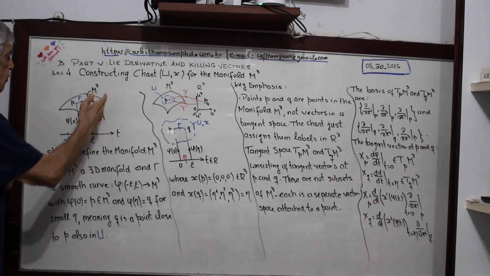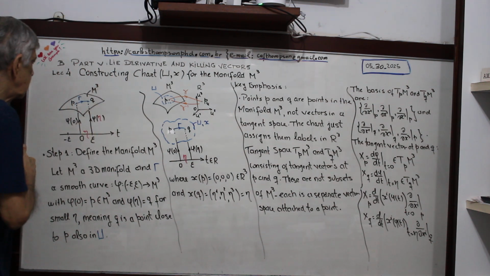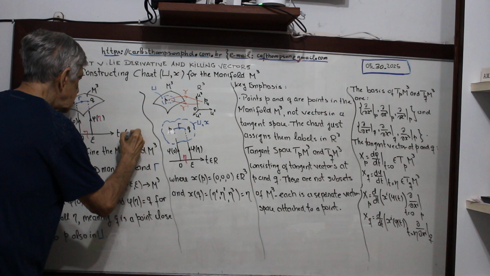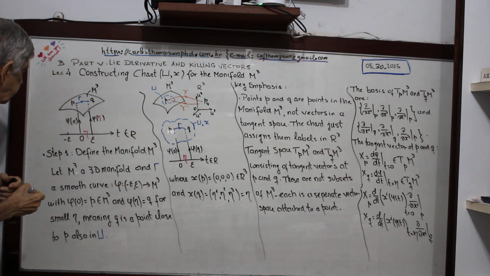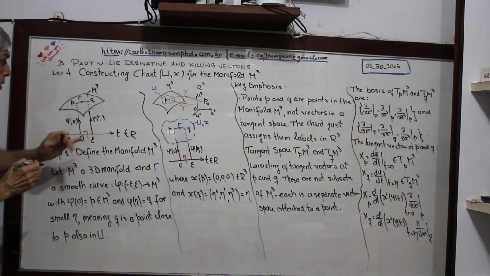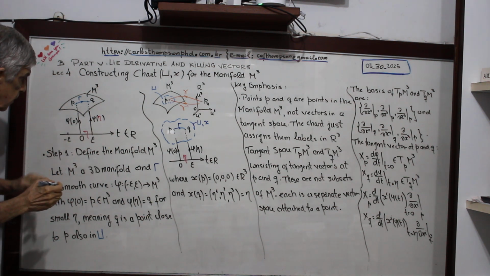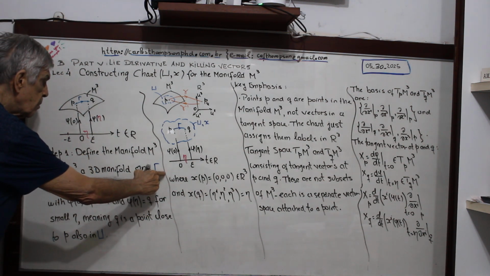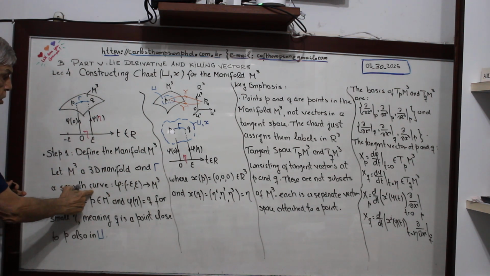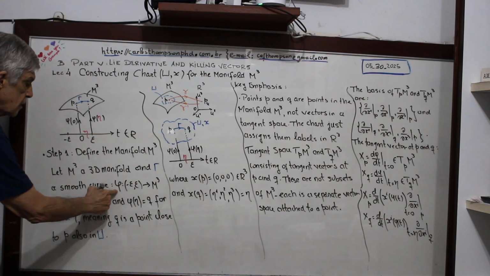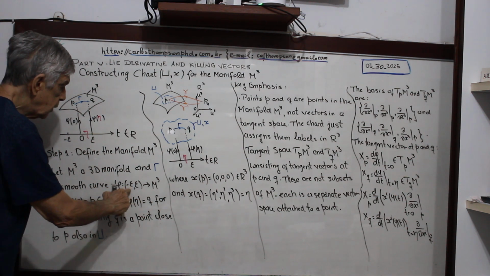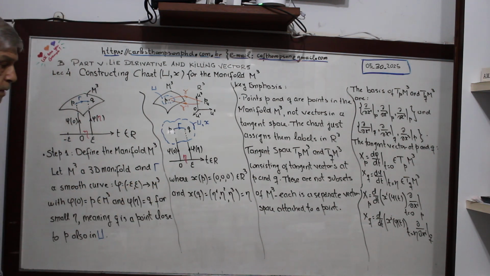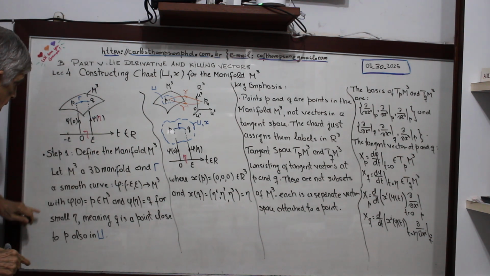Now, there's a manifold, for this particular case M3, and this real t belongs to the real space. Step 1, define the manifold. M3 is a three-dimensional manifold, and capital gamma is a smooth curve, such that phi, between minus epsilon and plus epsilon, maps to points on the manifold M3.